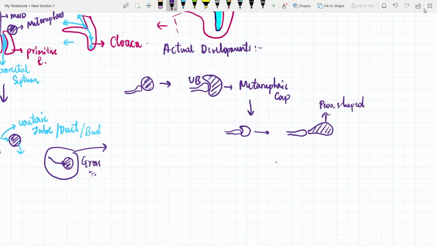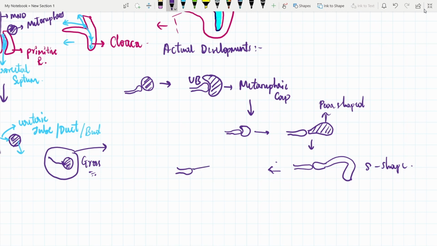Okay. Next, what happens is it develops into S-shaped form. S-shaped. Okay. Now, final form is S-shape. Now, finally, it develops into what?